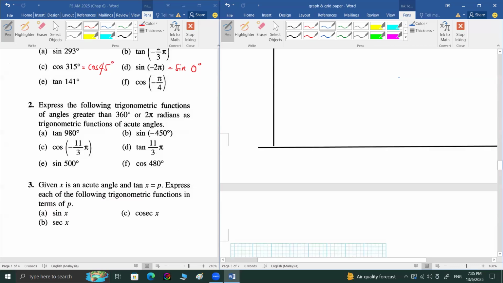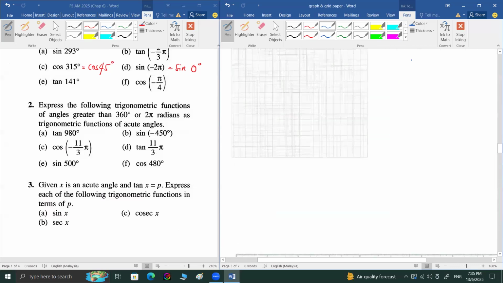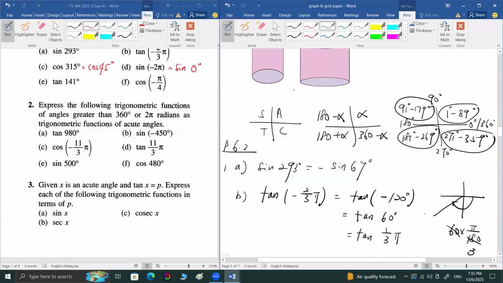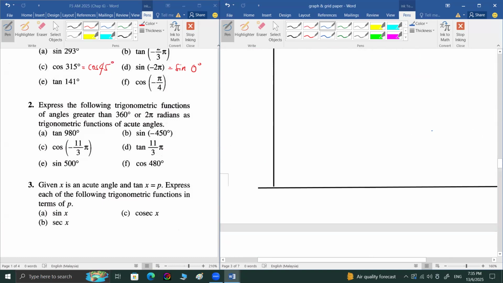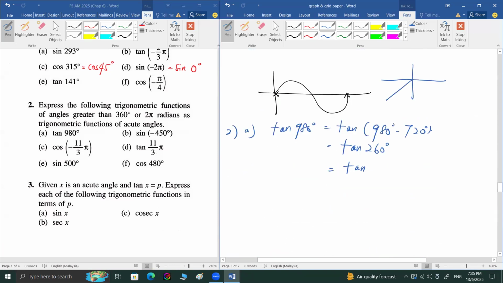I just showed you already. 180 plus 80 gives 260. Then we have changed it to acute angle. If it's greater than 360, you can minus 1 round or 2 rounds. You understand? The negative shows the direction.